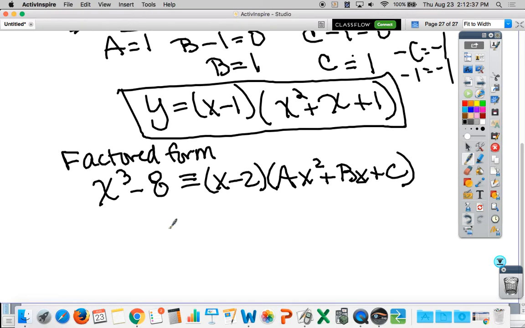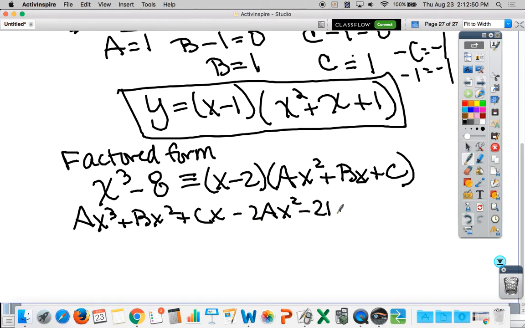We walk through that whole thing. So I've got ax cubed, bx squared, cx minus 2ax squared minus 2bx minus 2c. So my a is 1.